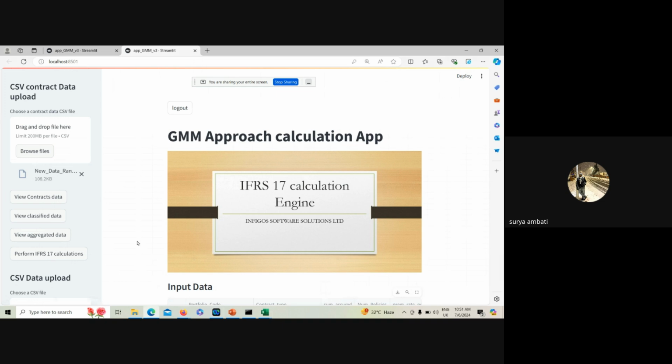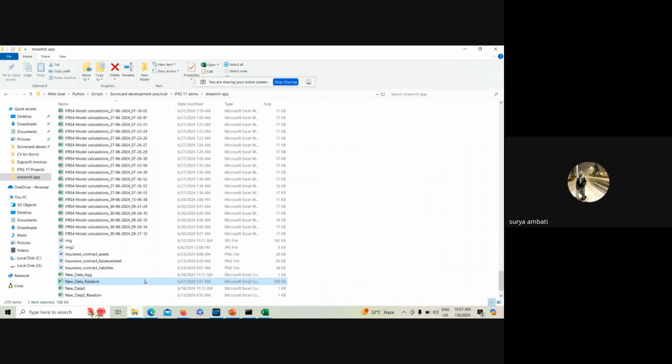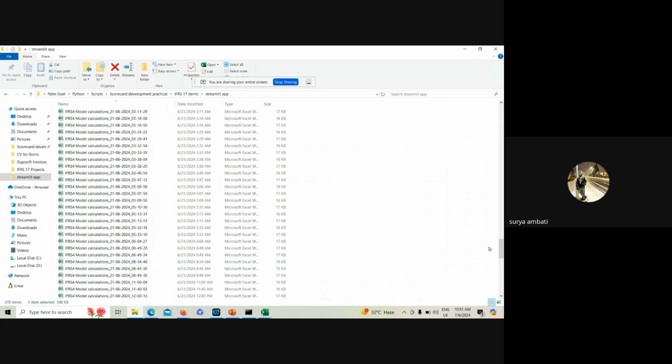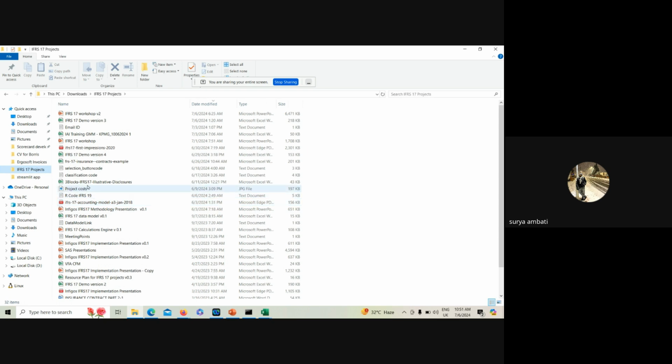So in the balance sheet, suppose I'm an insurance company, then how can I utilize this data and utilize this capability to get benefit out of it?